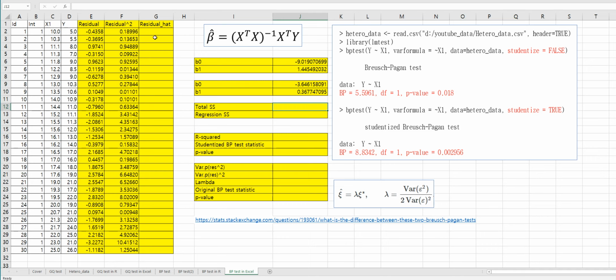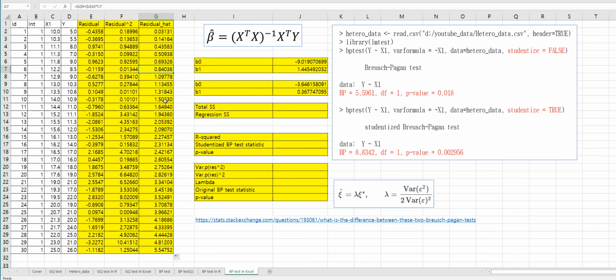Then let's calculate residual hat: b0 plus b1 times x1. Okay. Then total sum of square can be calculated by DEVSQ function with squared residual.